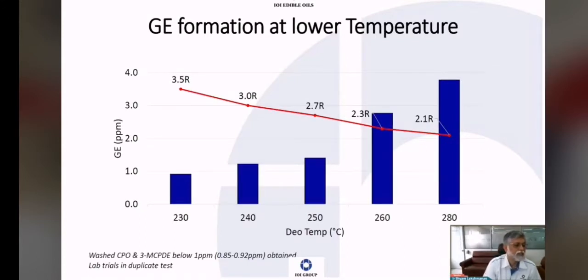In order to achieve GE just marginally below 1, we needed to go as low as 230 degrees. That resulted in RBD PO color of 3.5, which would not be acceptable currently. Even at 240 degrees, we only managed 3 red, which again would not be acceptable. So this is an area that probably needs further work and also post-treatment. Next, please.